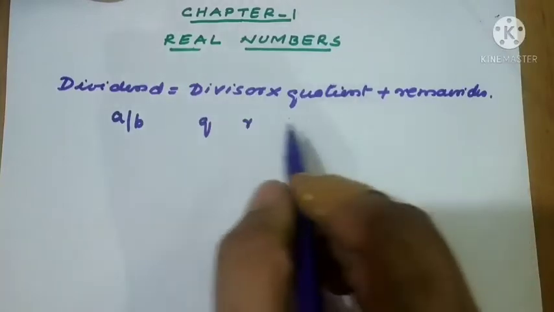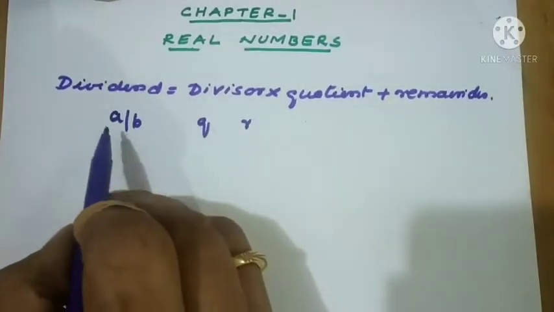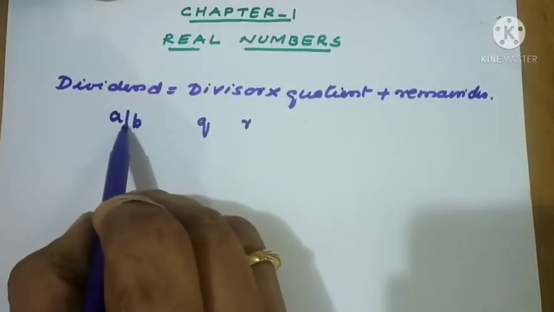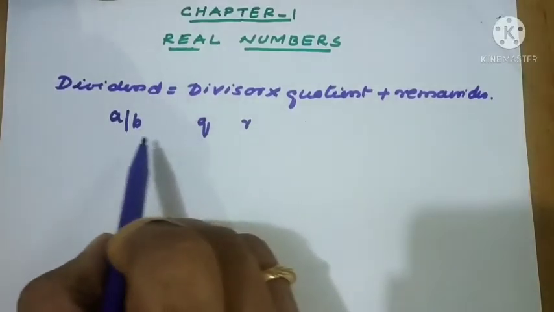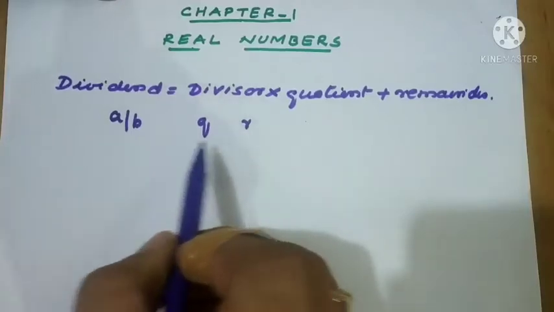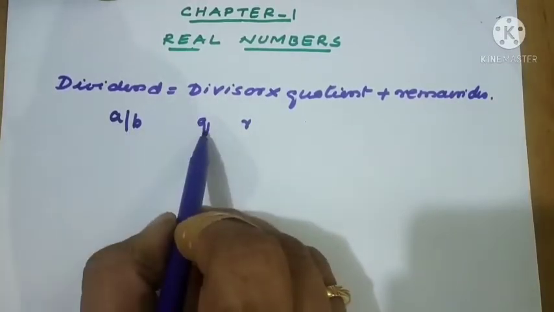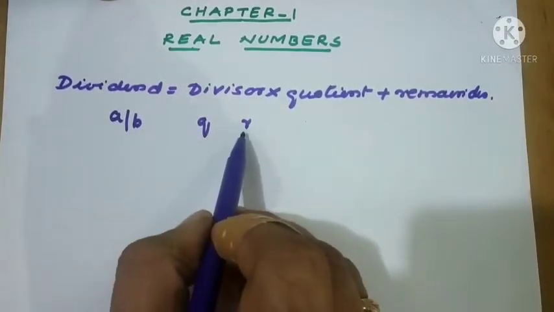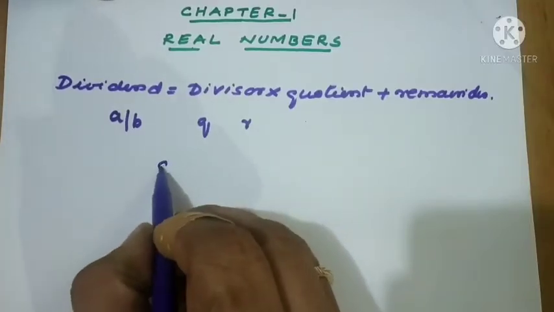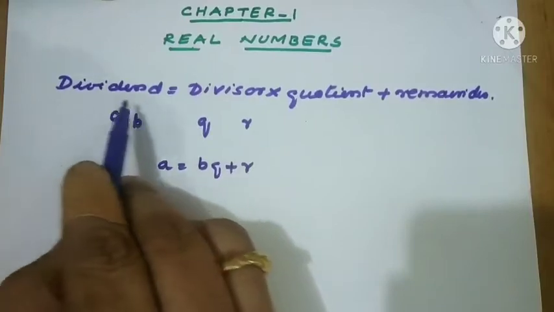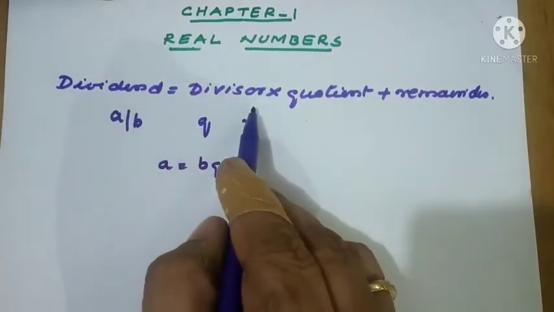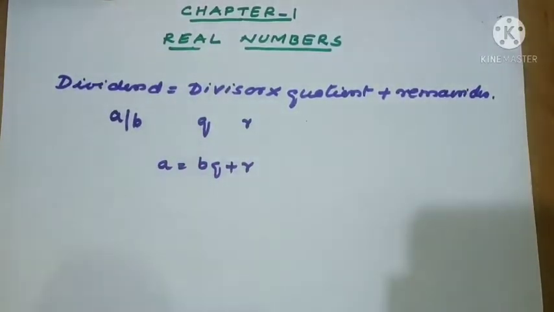A divided by B means A is divisible by B, or we can say that B is a factor of A. If it is a factor, there is no remainder. So there exists an integer Q and a remainder R such that A equals BQ plus R. The same rule we have studied: dividend equals divisor into quotient plus remainder.